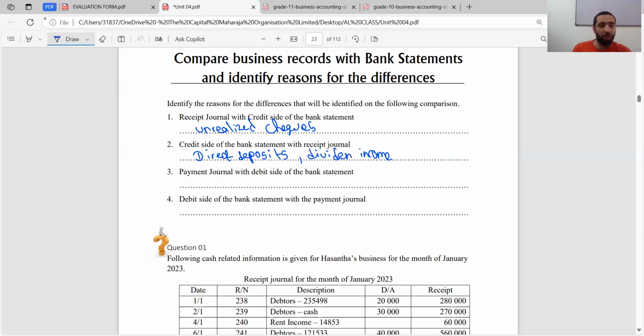Okay. Payment journal with debit side of the bank statement. It is unpresented checks. And then the debit side of the bank statement with the payment journal will give you what?